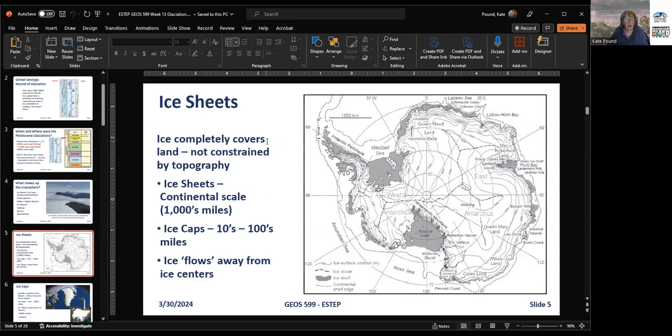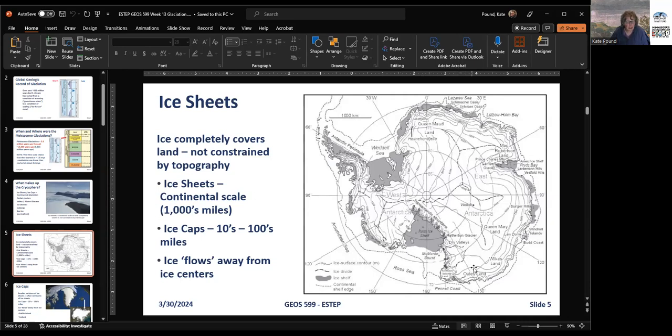So an ice sheet is ice that completely covers land, and that ice isn't constrained by topography, the shape of the land. So ice sheets exist on a continental scale, so they can be thousands of miles, as indeed they are in Antarctica. Now, in Antarctica, I mentioned there's the Transantarctic Mountains. They kind of stick up, and they are what the East Antarctic ice sheet drains through.